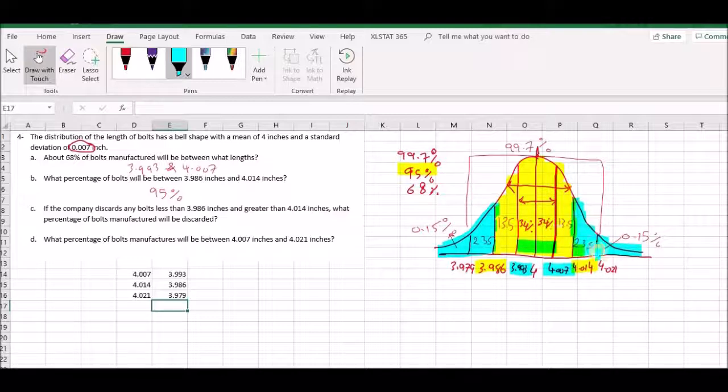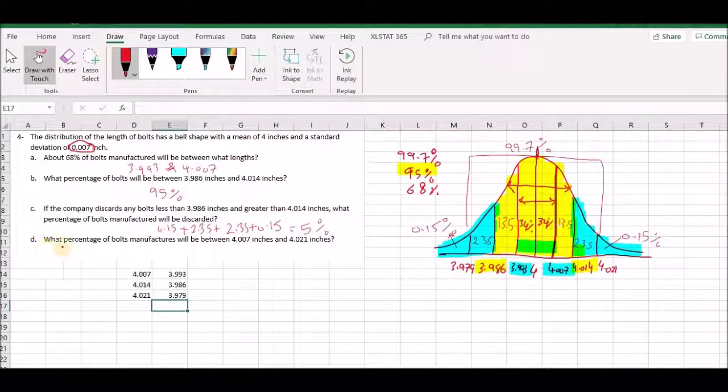So that is this area right here. And to find the percentages, you're going to add these up. So you're going to say that is 0.15% plus 2.35 plus 2.35 plus 0.15%, which is going to be 5%.